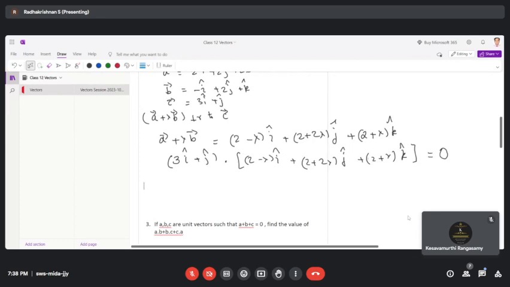The scalar product is A1 B1 plus A2 B2 plus A3 B3. So here the scalar product will be 3 into 2 minus lambda plus 1 into 2 plus 2 lambda is equal to 0. The third, there is no k in the first term, so that is 0 and will vanish. Now you have to solve this equation to get the value of lambda.